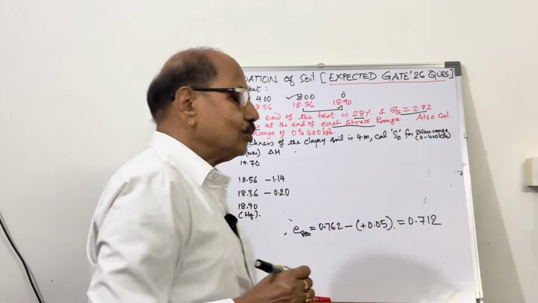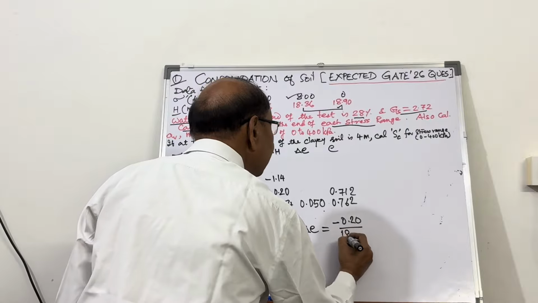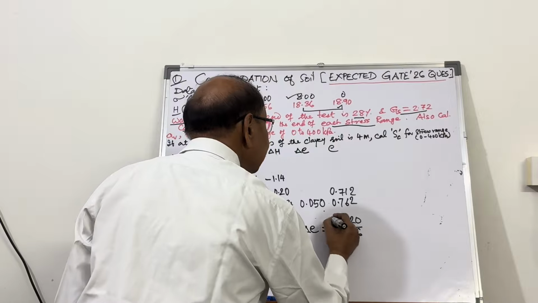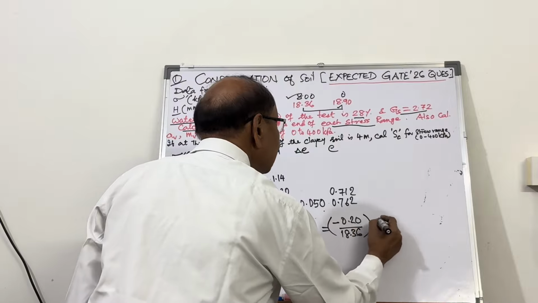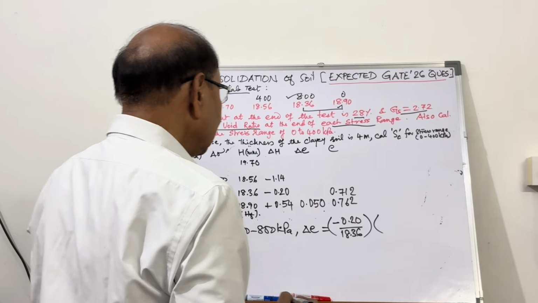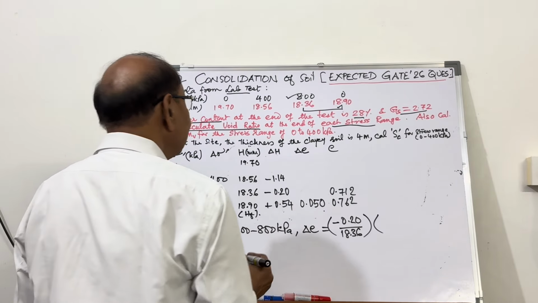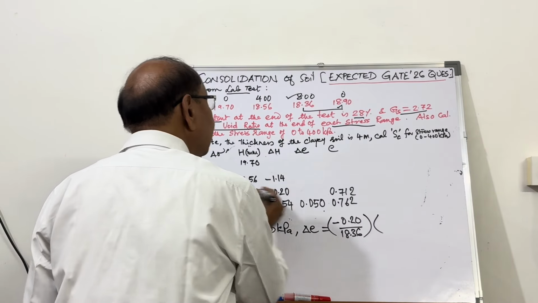So 400 to 800, 18.36 is HF into 1 plus EF. And now here 1.712, because EF is for 400 to 800, this pressure range, this is the value of EF.